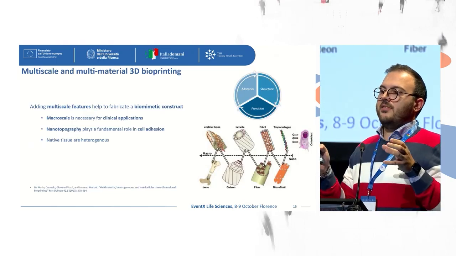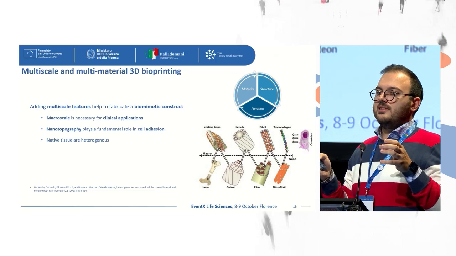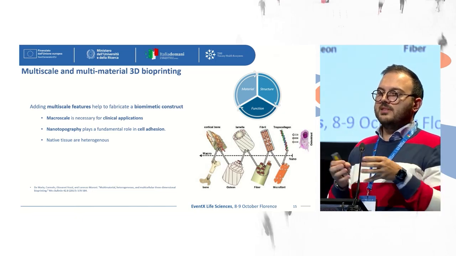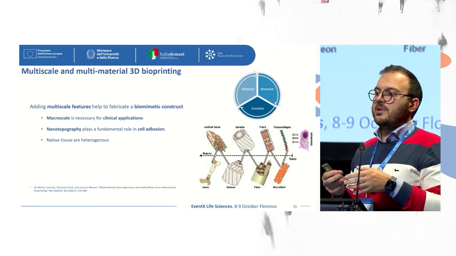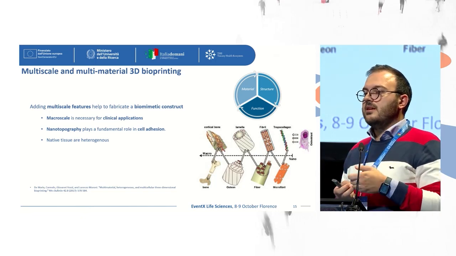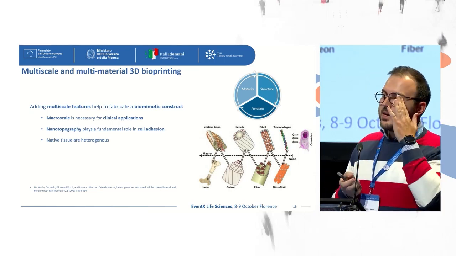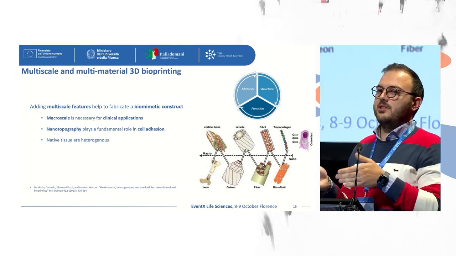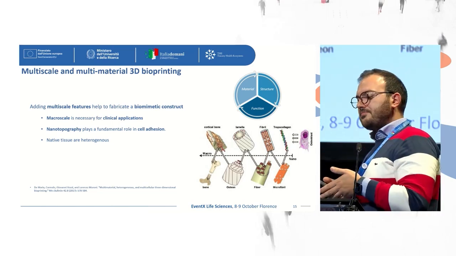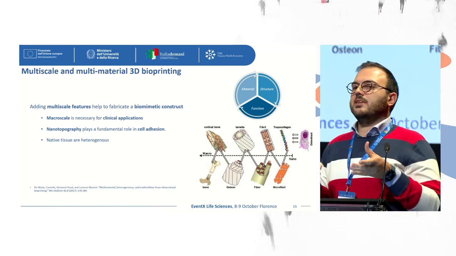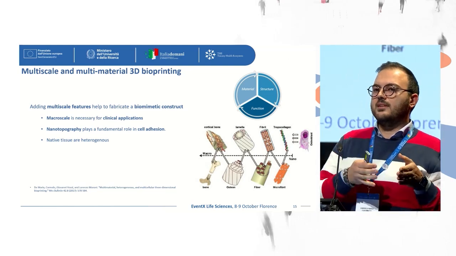The advantage of having all these different technologies is that we can combine them to obtain multi-material and multi-scale scaffolds. So we can create tissue models where different technologies can be combined, and in this way we can replicate different scales of tissues. For example, if we think about osteochondral tissue, here we have the cartilage, then the bone.